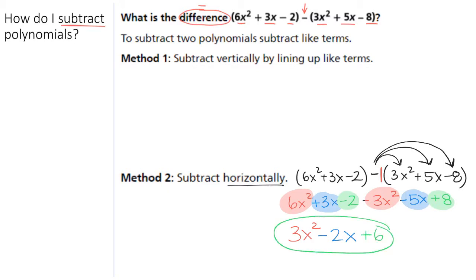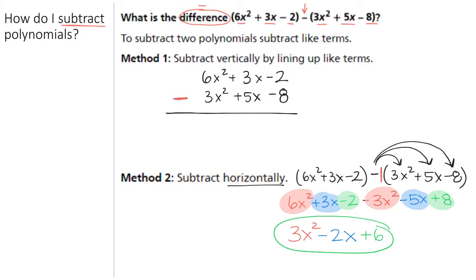If you would prefer, because you like the vertical method, you can also line these up. We have 6x squared plus 3x minus 2. And here I am subtracting 3x squared plus 5x minus 8. The harder part about this is the fact that you have to remember to go back to this subtraction sign every single time.